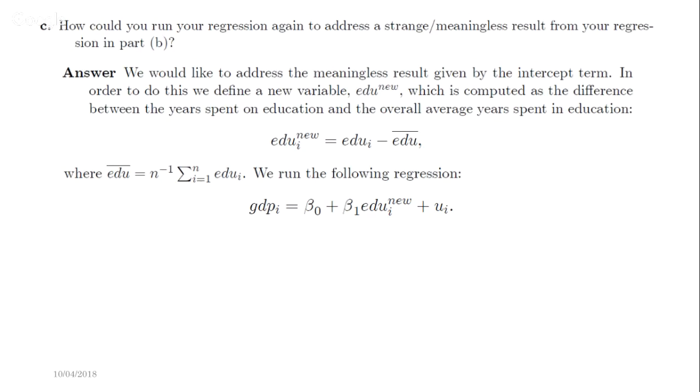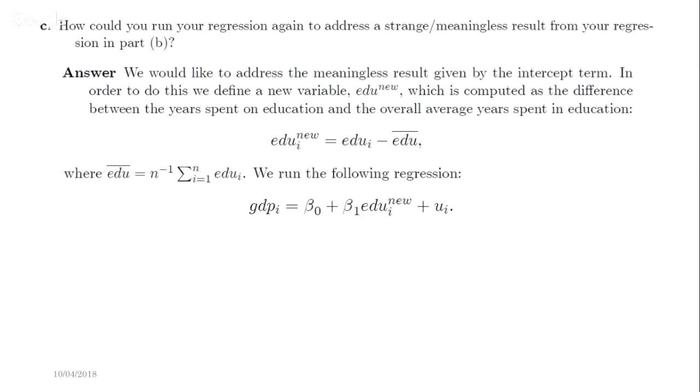You would, right? So meaning, if you have a positive value, you have an above average level of education for the country compared to the global average. If you have a negative value, you're lower than the global average country. Right.